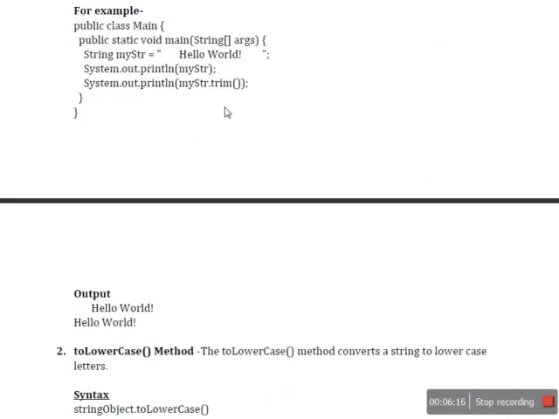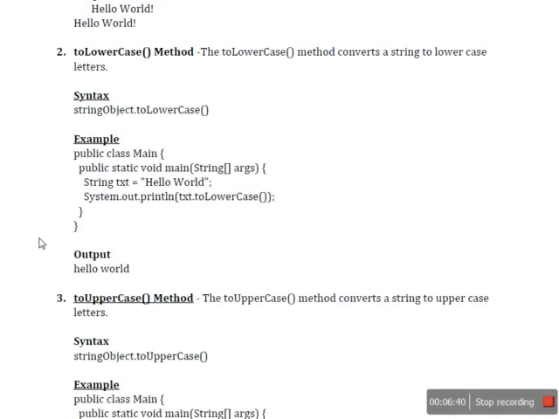So after this we have used myStr dot trim. So this is your string object followed by the trim method. What will it return? It will just remove the white spaces. So this white space will be removed on the left and the right also. So what will be the output? This hello world is the output.